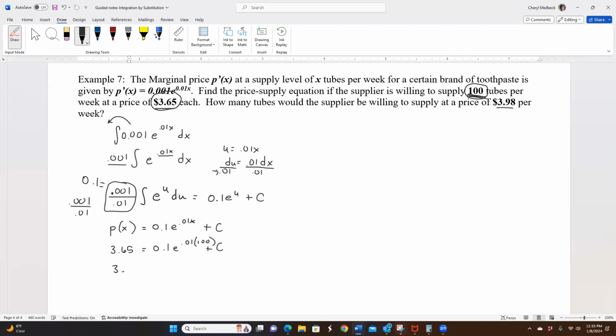What we'll get here then is 3.65 equals 0.1 e.